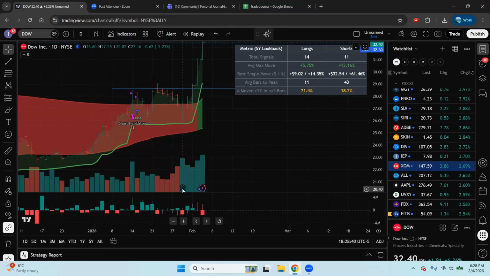So earnings happen here in the morning. We get this test. There's that test at the ATR. We close with conviction above. Now, close here, 27.16, ATR sitting at 25.82. So from 27.16, it's $2.71.